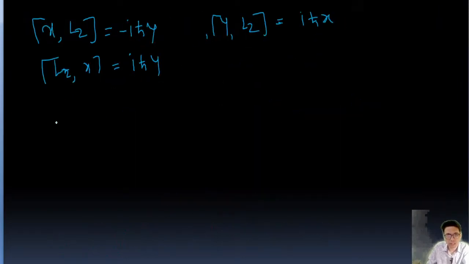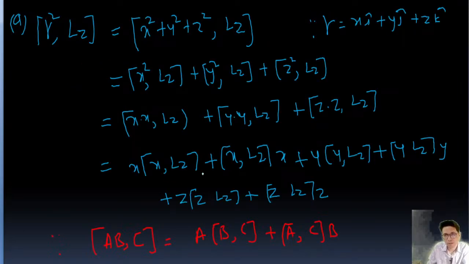Okay, so in this way we'll put the value here. So this r square lz commutation is going to be x lz, this is y lz.